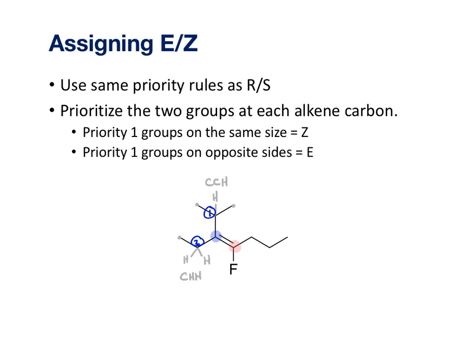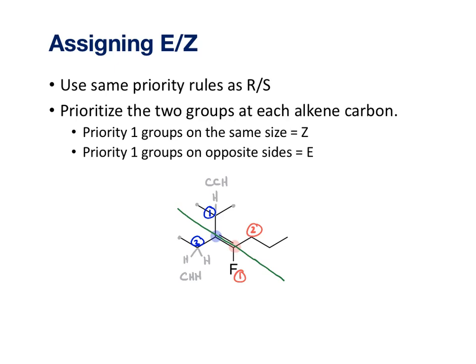Now we'll look at the other carbon of the alkene. This one's a little easier. We have fluorine and carbon. Fluorine has a higher atomic number, so it's 1. The carbon's 2. Then, if you have trouble seeing the plane you need to look at, just draw a long line passing right through your double bond.